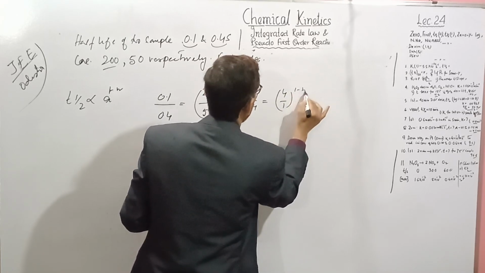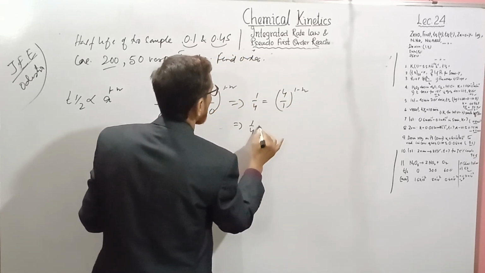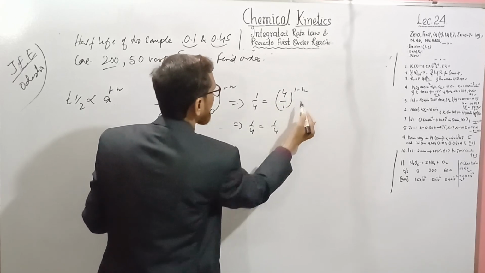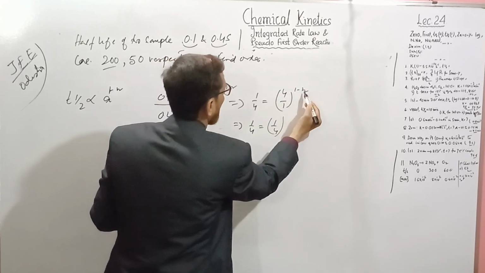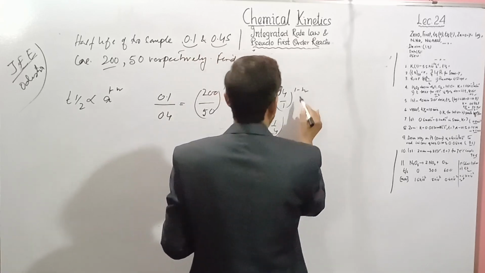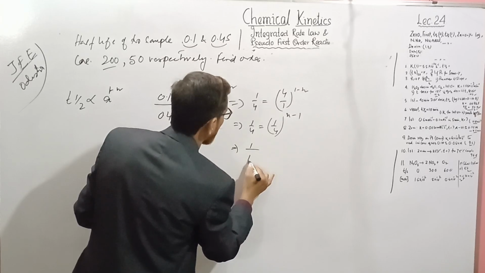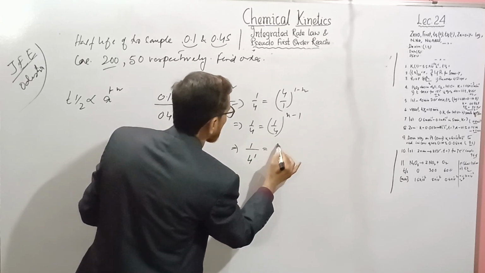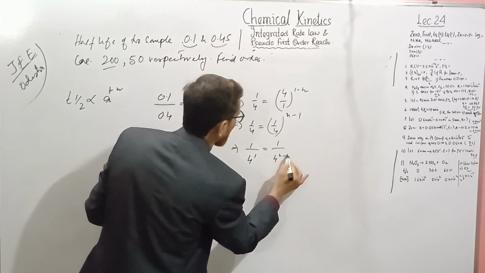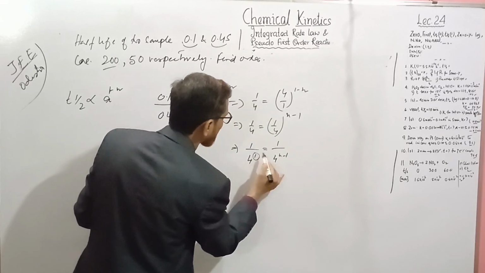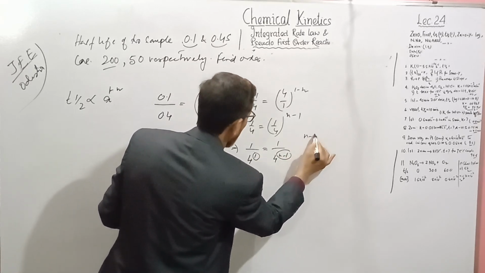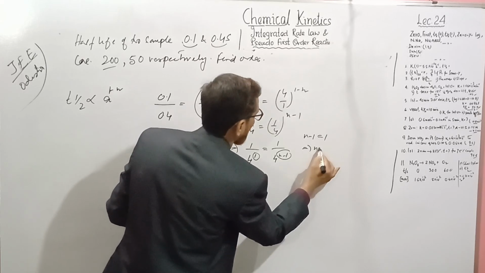So from here we get 1 by 4 is equal to 4 by 1, this is 1 by n. So 1 by 4, if you make it 1 by 4, you change the power as this. Am I right? So 1 by 4 to the power 1 is 1 by 4 to the power n minus 1. Comparing these two, we get n minus 1 is equal to 1, n is equal to 2.